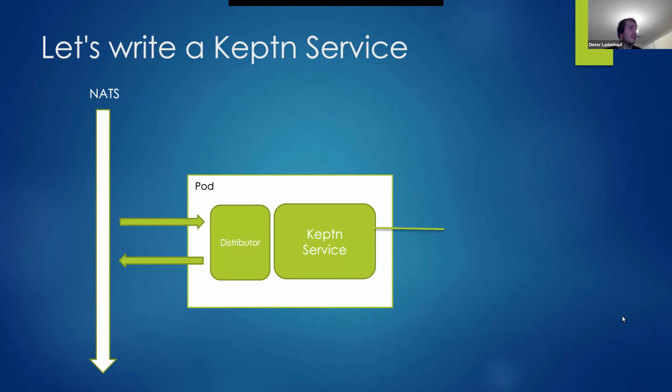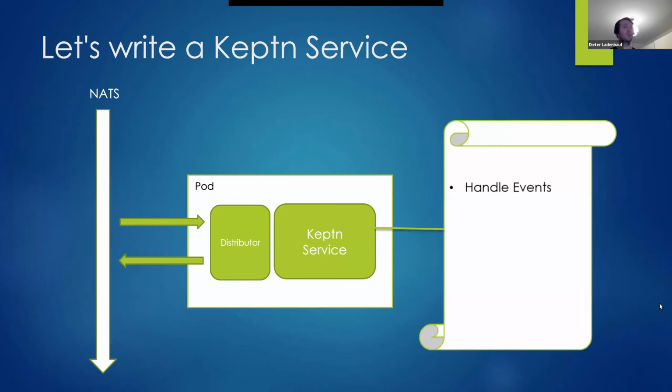And the only thing you actually really need to do is you have some boilerplate, you fill in your code at the respective places within your code to actually handle events. Then probably what you also want to do is load some files from the configuration service, and use it in whatever way you want.